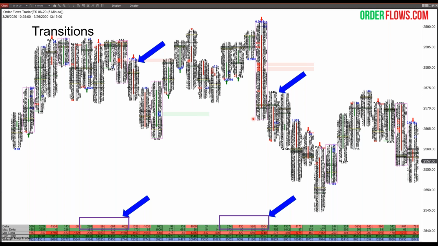The people trying to support the market, the passive buyers sitting there working bids, thinking this market's going higher. But I can tell that the sellers are getting more and more aggressive, right? They're not yet moving the market, but I've found that usually after the third strong delta in a direction, either positive or negative, that's when the move happens.